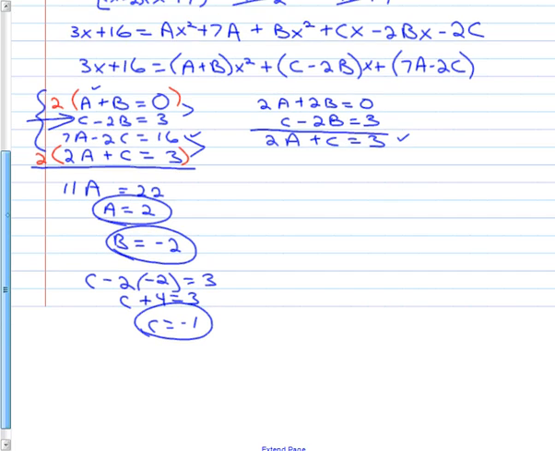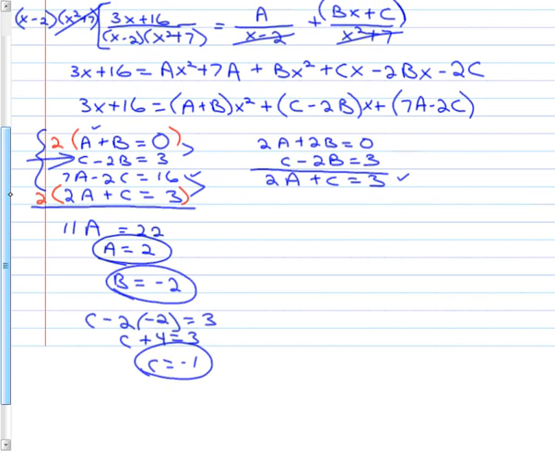So we've got everything we need. We're ready for our lovely answer. What is A? 2 over x minus 2. And then we have bx plus c, so negative 2x minus 1 over our x squared plus 7.